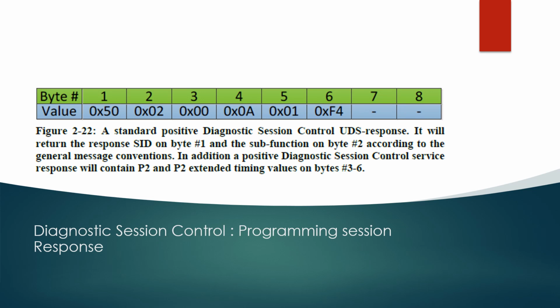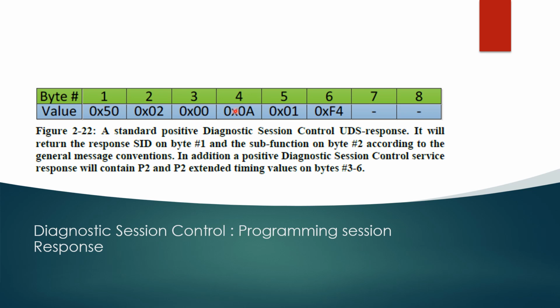In the response, you can see the response bytes will be 5002. 50 is basically 10 plus hex 40 to indicate the positive response. We already discussed this in our last lecture, so I will not repeat. You need to add 40, or make the specific bit 1, and this will be treated as a positive response.